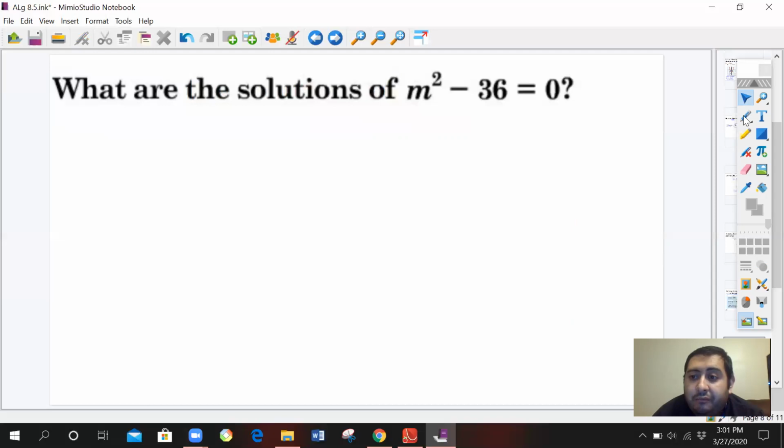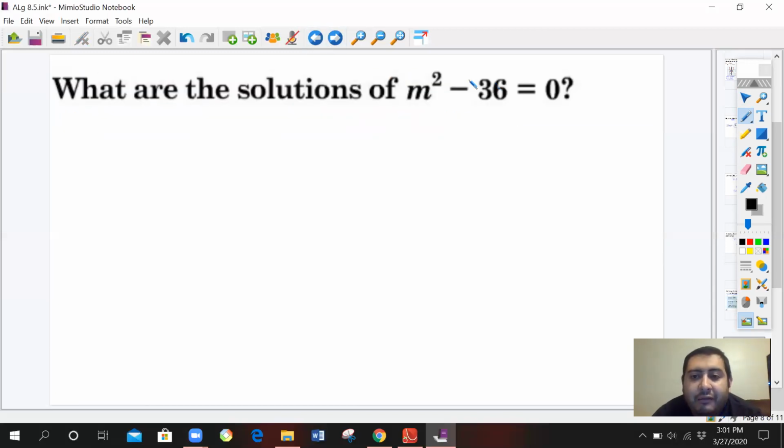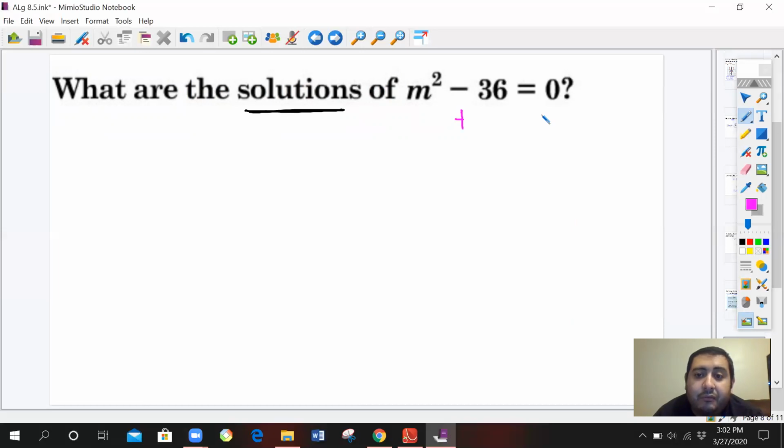All right, so let's go ahead and practice again based on the last expression here. Since we have a minus 36 as our constant number, we need to move it to the other side so we could solve for the variable m. So we add 36 on both sides.